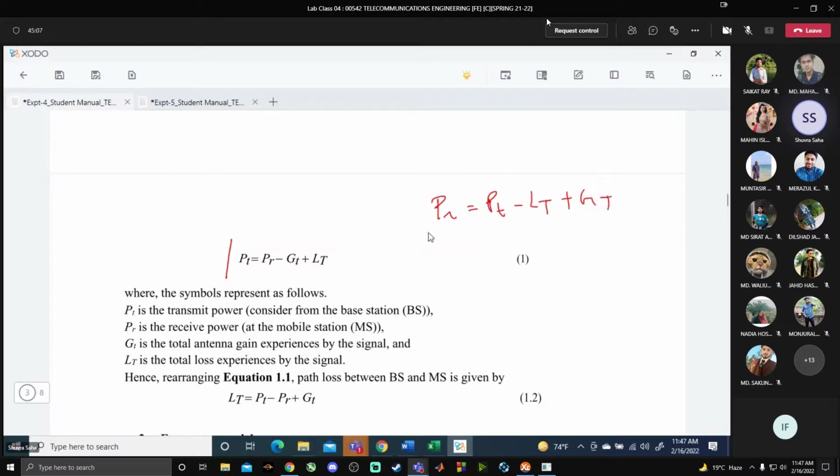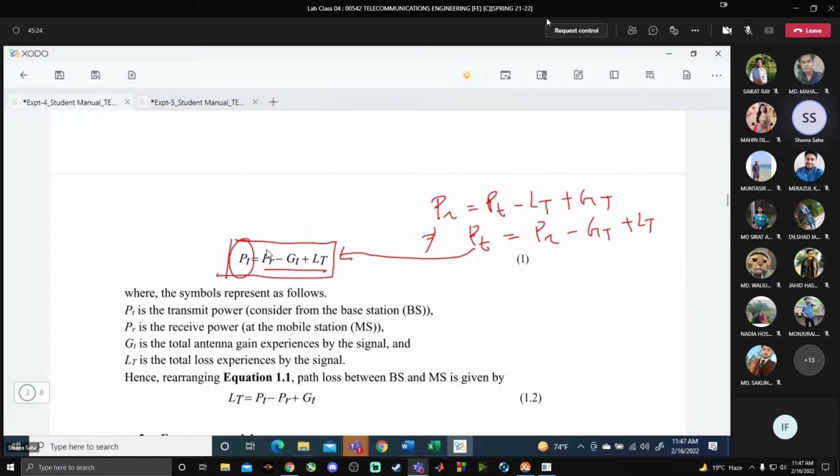If this is so, then rearranging it, PT will be equal to PR minus GT plus LT. So this is the equation they have given here. This is the generic model. That means you can calculate the required transmission power like this using this trick.